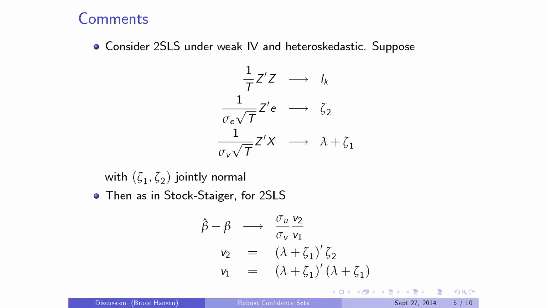Then what Stock and Staiger show is that beta hat is approximately the ratio of V2 to V1, where V2 is the inner product of these two first random variables, and V1 is the L2 norm on the denominator part. And that fundamental asymptotic result doesn't require homoskedasticity or anything else. It just comes from the asymptotic theory that we're going to get this asymptotic representation.